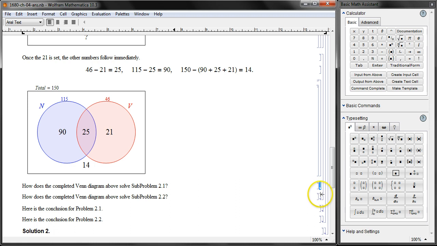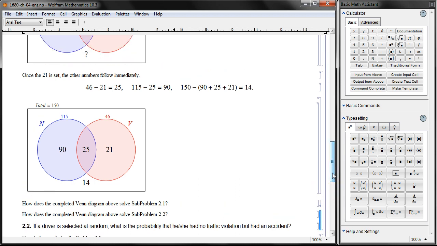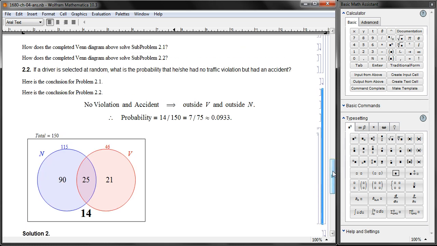Now, how about the second aspect? If a driver is selected at random, what is the probability that he or she had no violation but had an accident? No violation, so outside V. Had an accident, so it should be outside of N. N is the no accident circle. Outside V, outside N is right here, isn't it? 14.